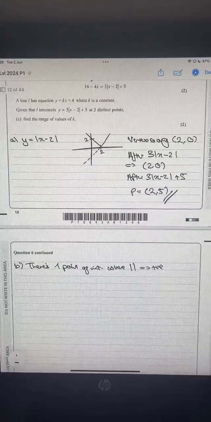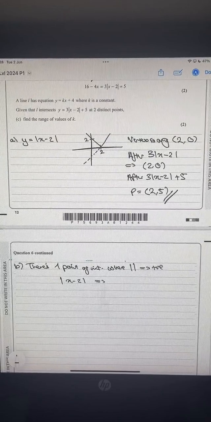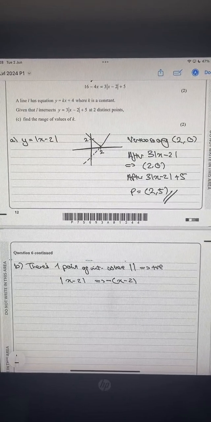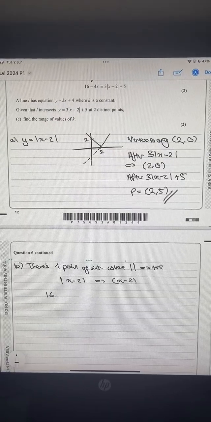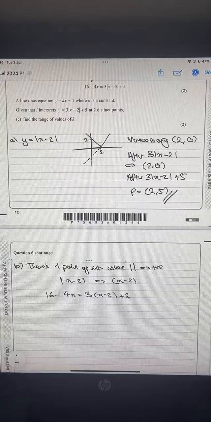So if I take the positive part, the modulus bit was x minus 2, so that will become x minus 2. We do not have the minus sign there. If it was negative, we'd have that there too. So I'm just solving this equation, and it's a simple linear equation to solve. 3(x minus 2), you see the modulus is positive there, plus 5.